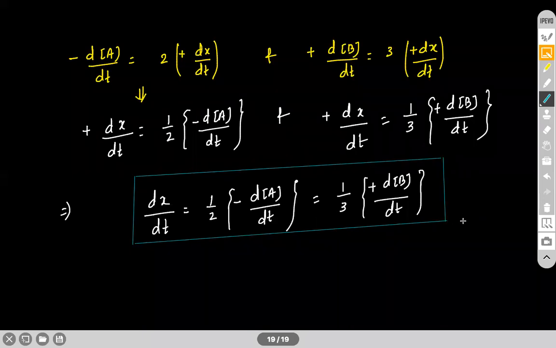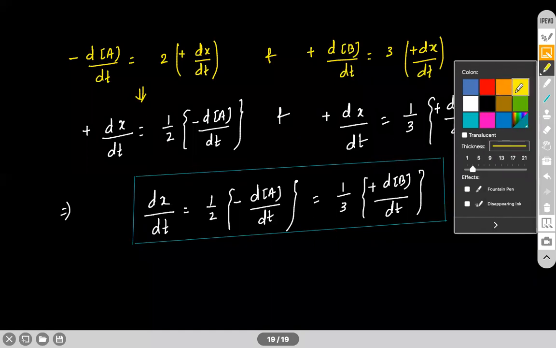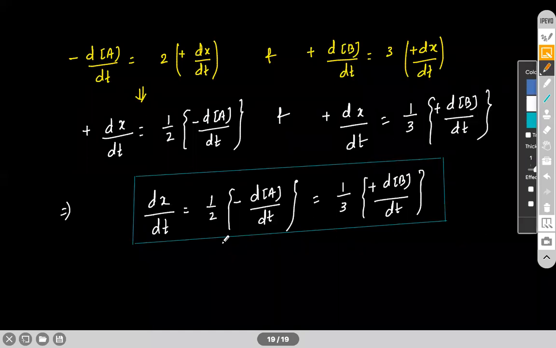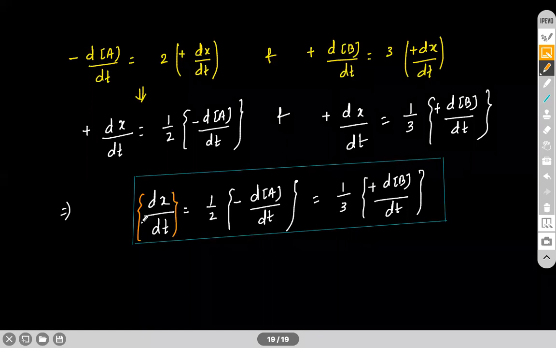Okay. Now you see the very important point here. This dx by dt, this expression I'm talking about, is the rate of reaction.